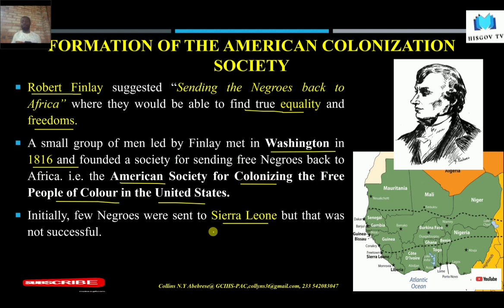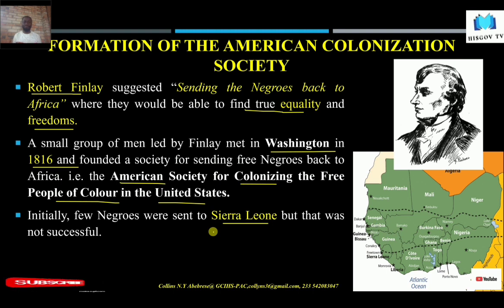Okay, and so ideally, Britain and the U.S. have always had cordial relations, and so ideally, since Robert and his people had not been able to find a country in Africa, they would take these free men to Sierra Leone. But that was not successful due to certain things.